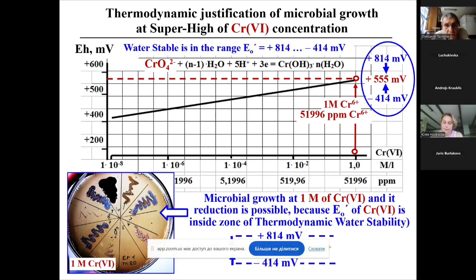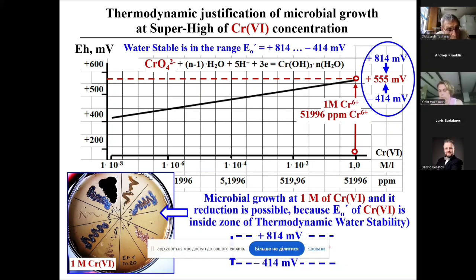Additionally, we obtain the confirmation of the potential possibility of existing and growing microorganisms at super high concentration of chromium 6. Why so? Because we postulated, and then during 30 years we confirmed, a very important position.